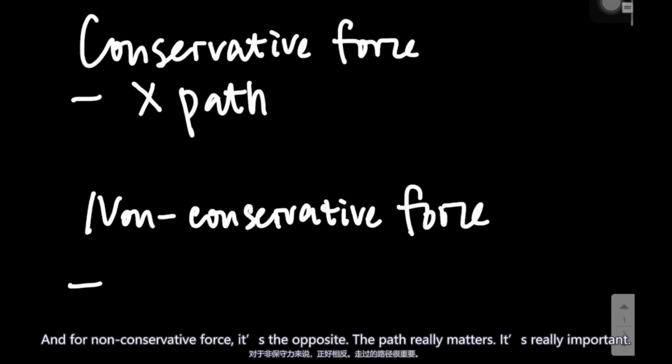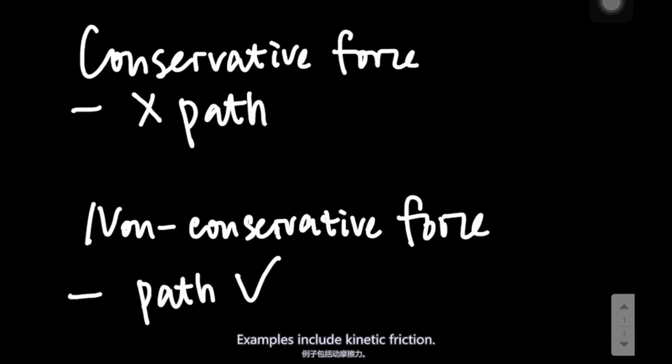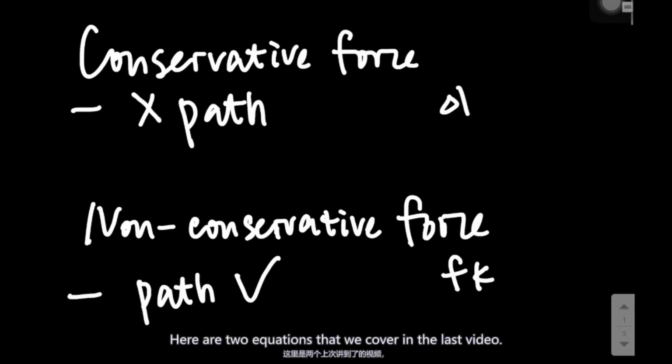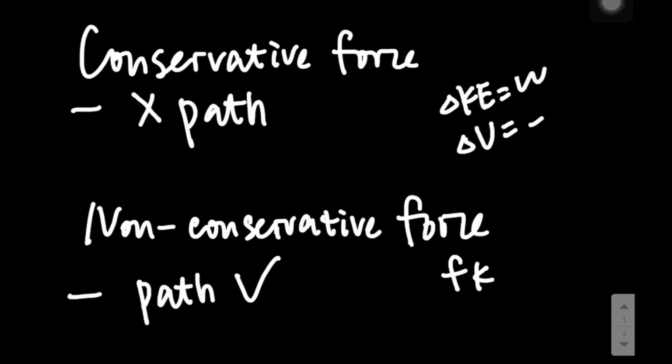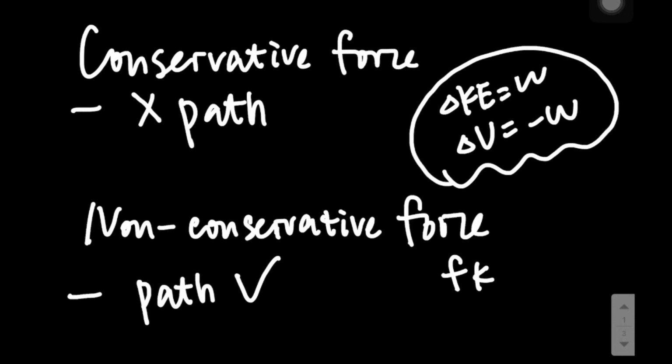For a non-conservative force, it's the opposite. The trajectory really matters. It's really important. Examples include kinetic friction. Okay, and here are two equations that we also covered in last time's video. We'll still use them today, so I hope you remember.